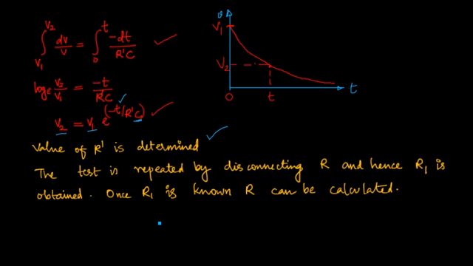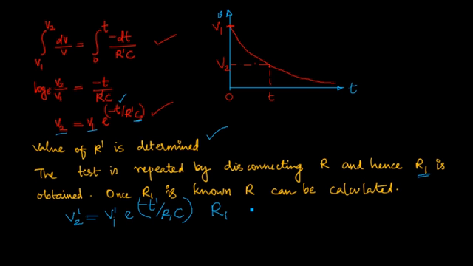Now the test is repeated again by disconnecting this particular resistor R. R is the unknown resistor, and hence now the circuit has only the capacitor with an internal leakage resistance of R1. Now you will get another equation, that is V2 dash equal to V1 dash into e raised to minus t dash by R1 C. Here the only unknown is R1, so you can find the value of R1 from this.